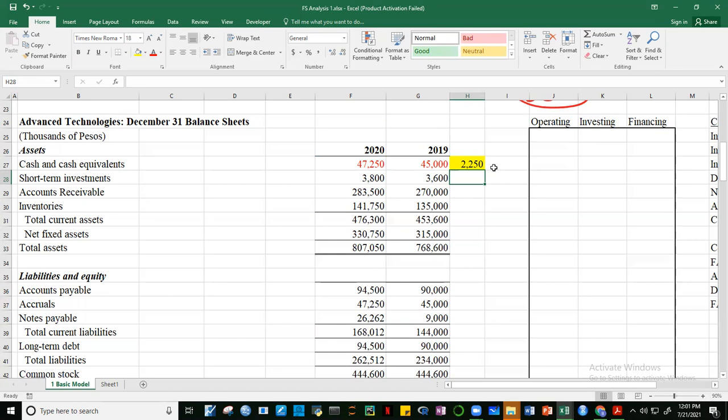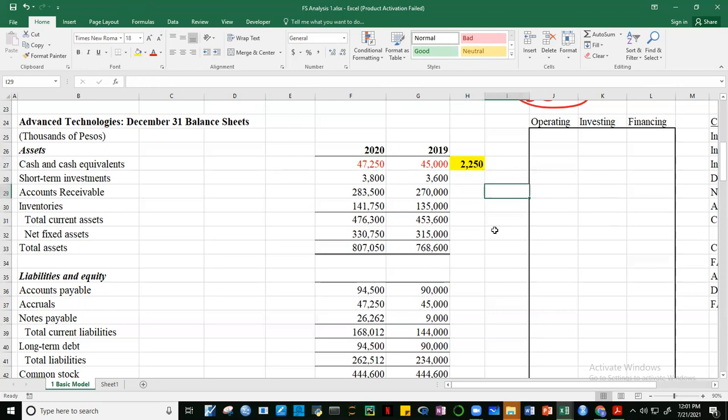So that's the amount of cash that changed. Ito yung increase ng cash na nangyari noong 2020. So it means that at the beginning of the year 2020, which is the end of 2019, there was cash of 45,000. January 1, 2020, 45,000. December 31, 2020, naging 47,250 na siya. So an increase of 2,250. Okay, so this is what we're going to investigate.